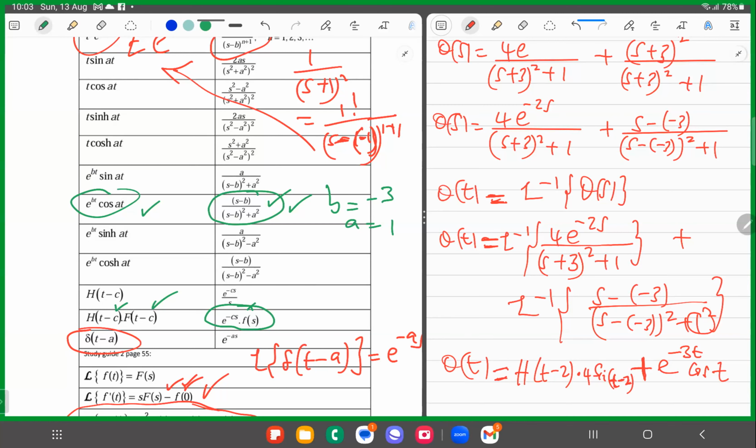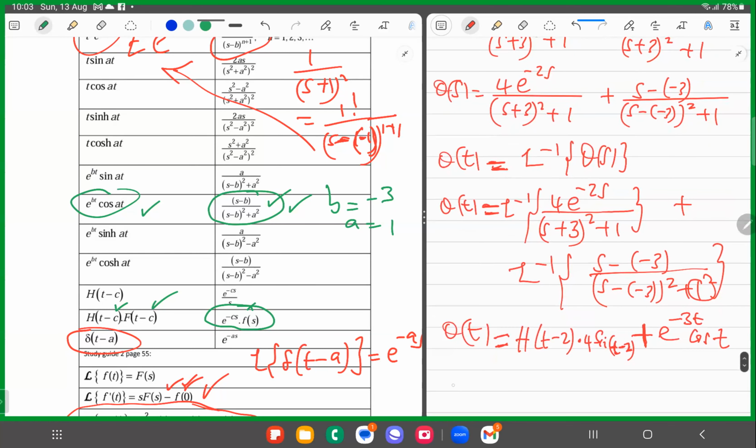All right, so that becomes the result. Which means theta of t can be written as 4 times the Heaviside step function at 2 times the sine of t minus 2, plus e to the minus 3t cosine t.